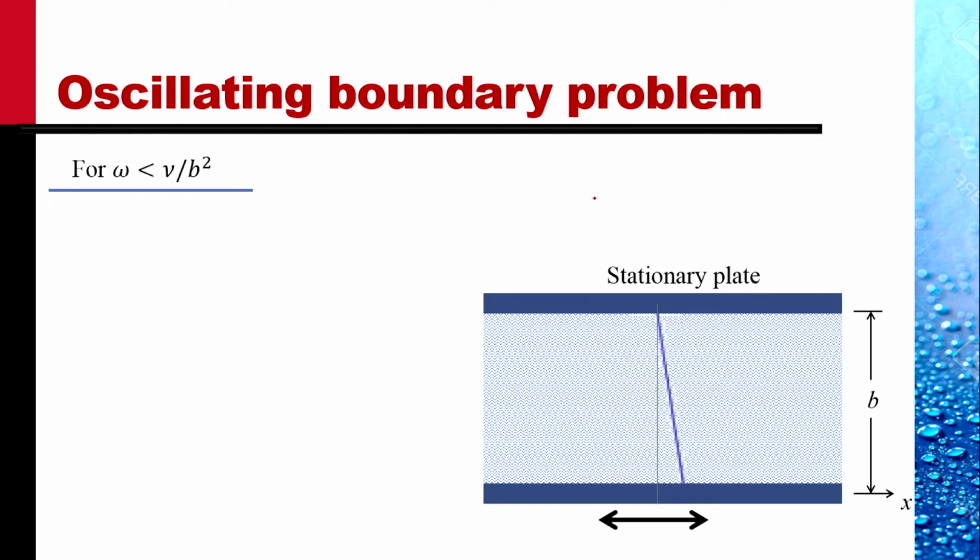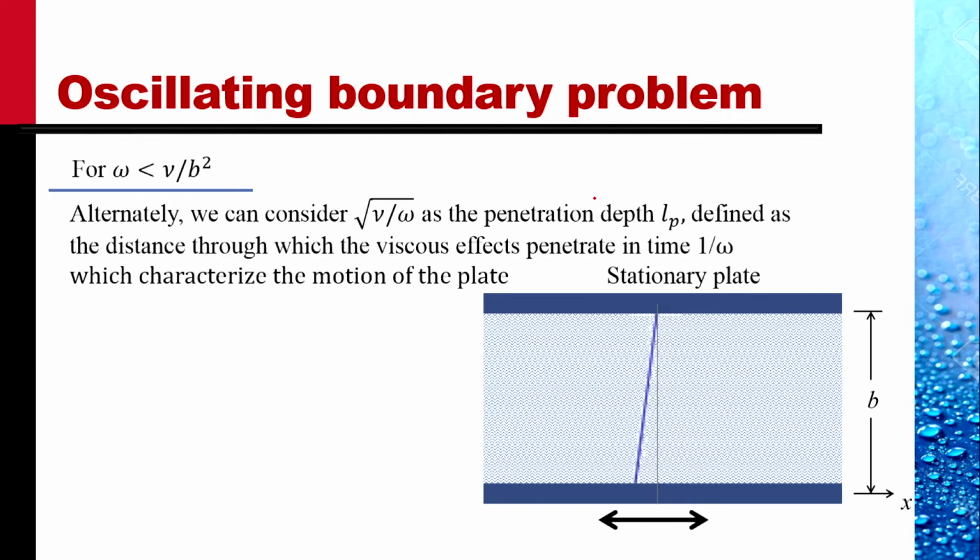We can interpret this alternately also. We can consider square root of nu by omega, which is a dimension of length, to be the penetration depth Lp. That is, in the time of one cycle of the lower plate, how far does the effect of the lower plate motion penetrate upwards?